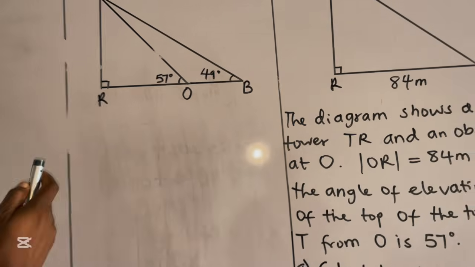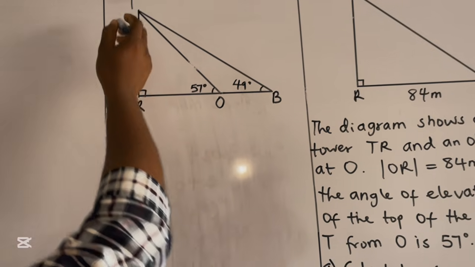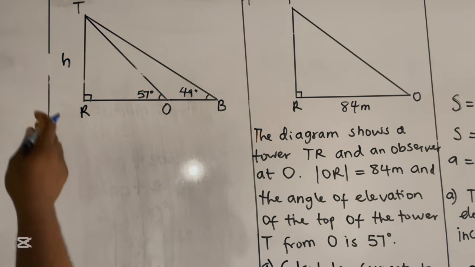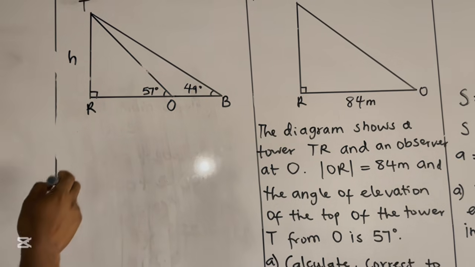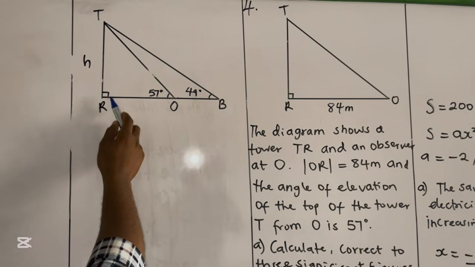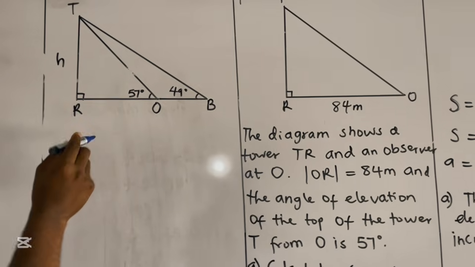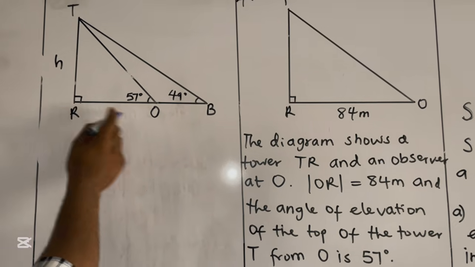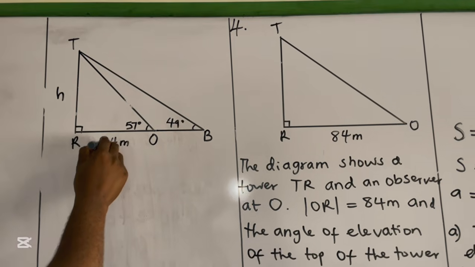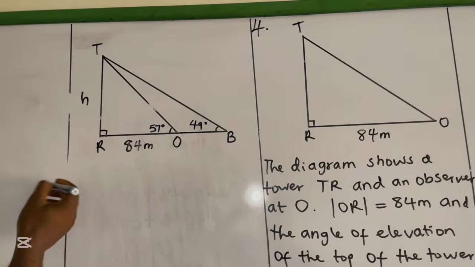So in this case now, I've redrawn this. So this is the tower, the H. We have to calculate the height of the tower. This is opposite the angle, and this is adjacent. So the point we have here is 84 meters. So we're going to use tan in this case.